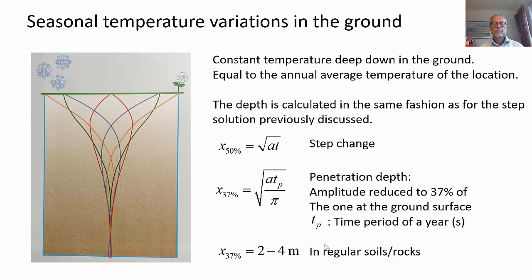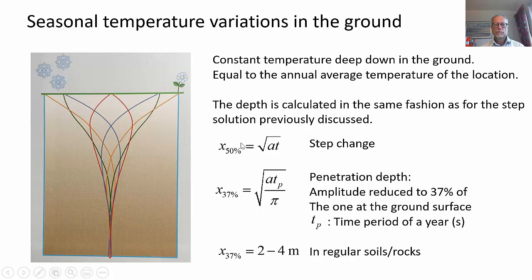It's well known that the temperature is rather constant if we dig down into a well or into the caves deep into the soil. And the depth can be calculated in the same fashion as for the step change we just analyzed.